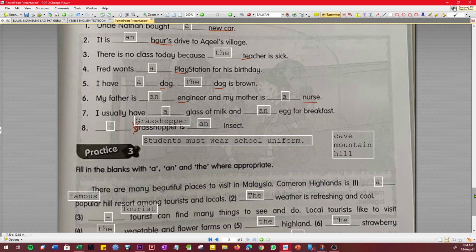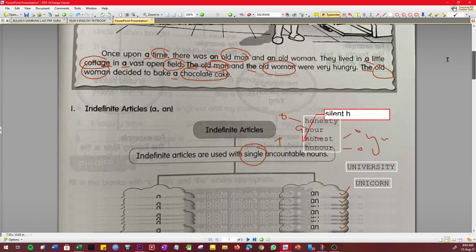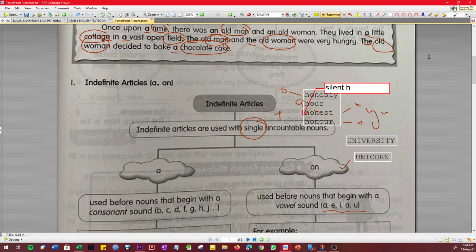Kamu ingat tak collective noun? So di sini sebenarnya ada satu lagi. Peraturannya adalah for collective nouns. Apa itu collective nouns? Kata nama bilangan.